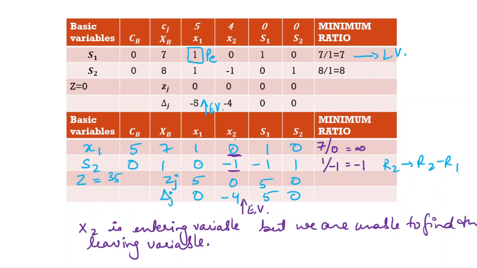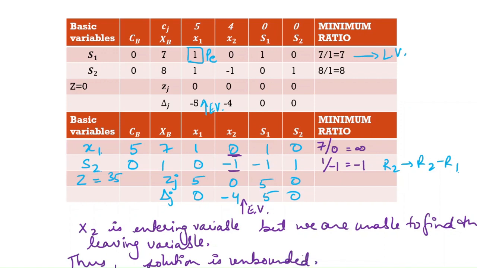The reason I have given you is that the coefficients of x2 are 0 and minus 1, but we have to consider only the greater than 0 positive ones. So thus the solution is unbounded. So we are getting an unbounded solution.